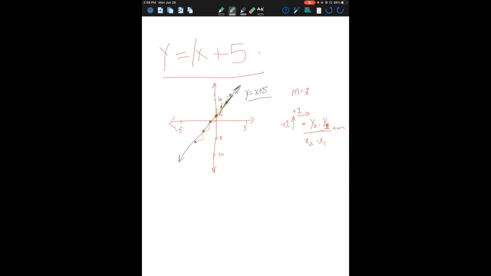And remember, you need 2 things to graph a linear equation.